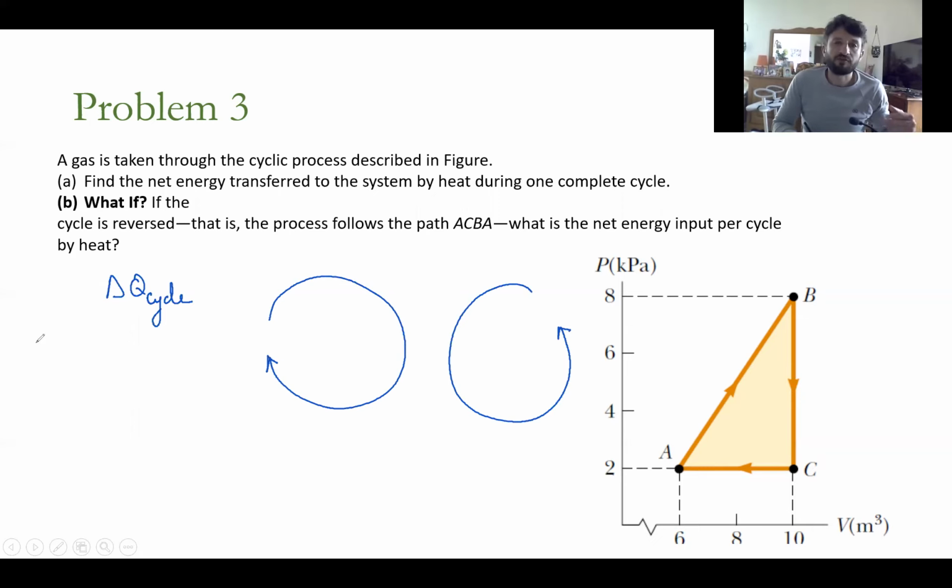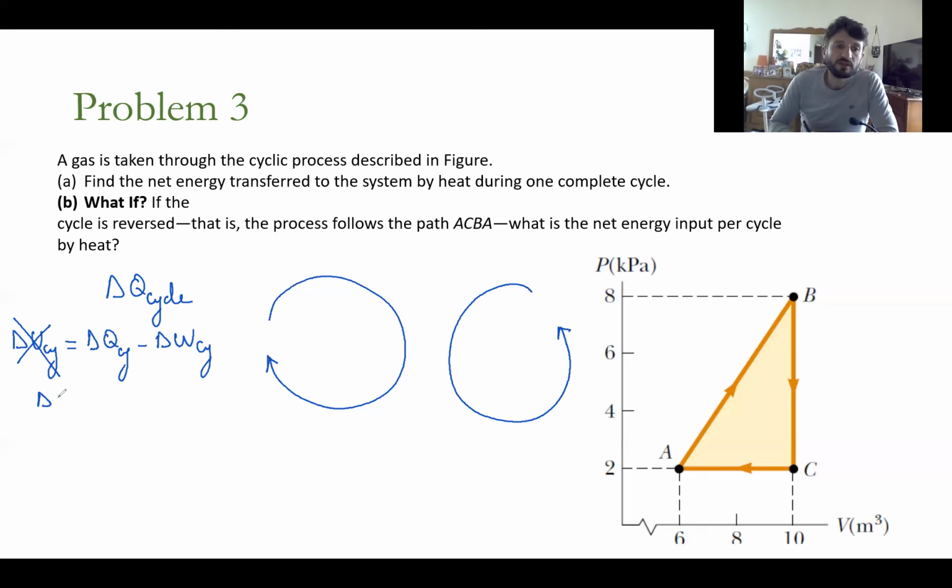For any cycle, we have delta U of the cycle equals delta Q minus d omega. This is the general expression of the first law of thermodynamics for one cycle. Delta U of the cycle equals 0, whether clockwise or anti-clockwise. The change of internal energy of any cycle equals 0.